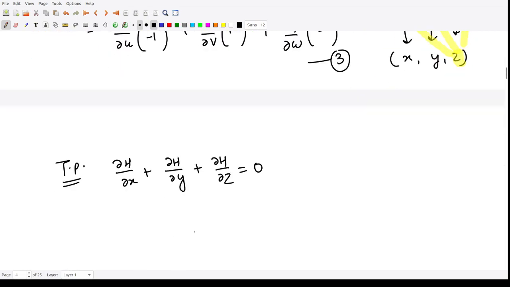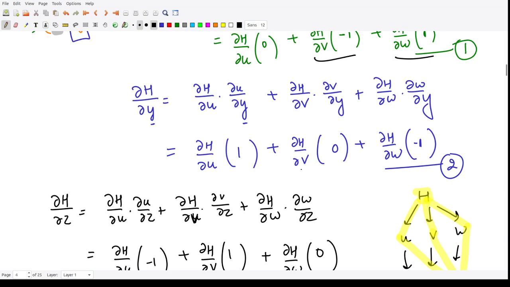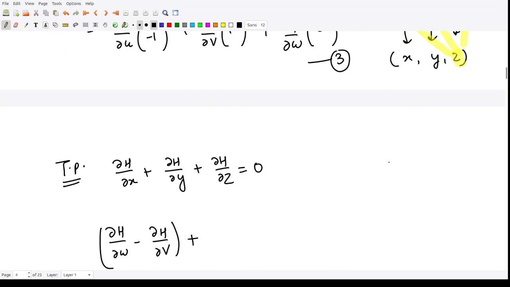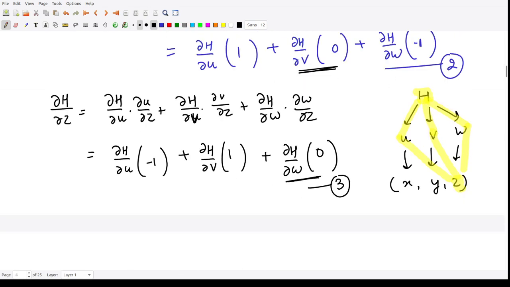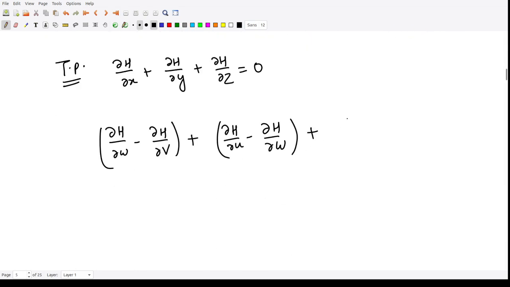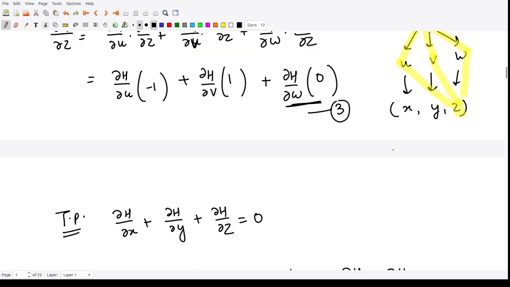This is according to the first term. For the second term, because this is 0, we have del h by del u minus del h by del w. And for the third term, we have this quantity as 0, so we have del h by del v minus del h by del u.